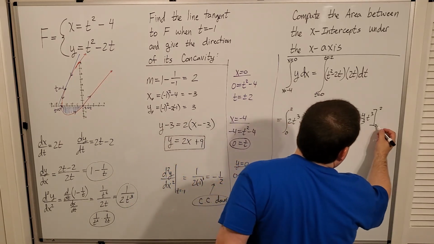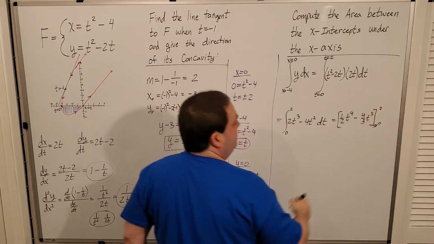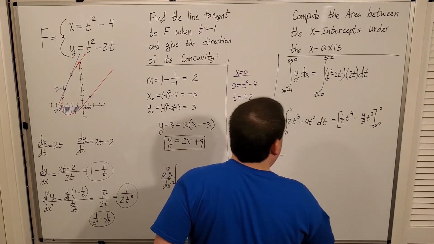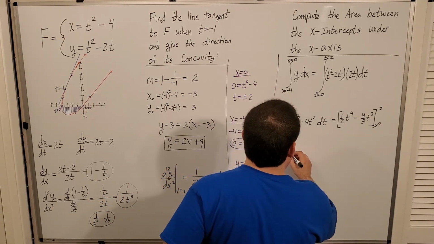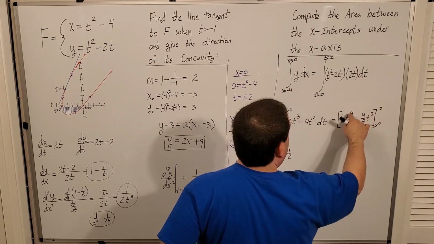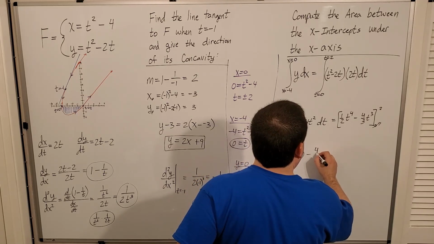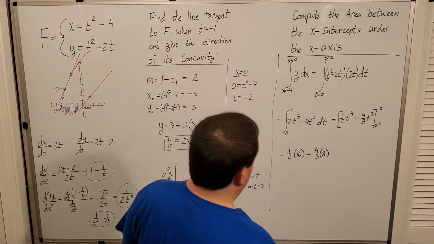Lucky for us, when I plug in 0, I get 0, so I'm not going to worry about that one. And then this is going to be equal to 1/2, 2 to the 4th power is 16, and then 4/3, 2 to the 3rd is 8.